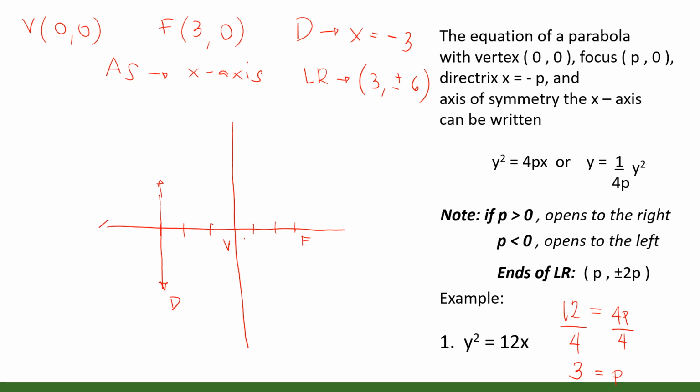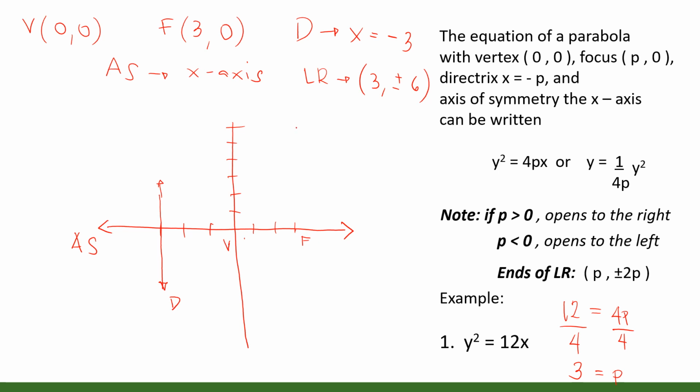This, the length of the x-axis, is our axis of symmetry. And the ends of the latus rectum, 3 plus minus 6. Meaning, we go right 3, and then up 6. For example, 1, 2, 3, 4, 5, 6.